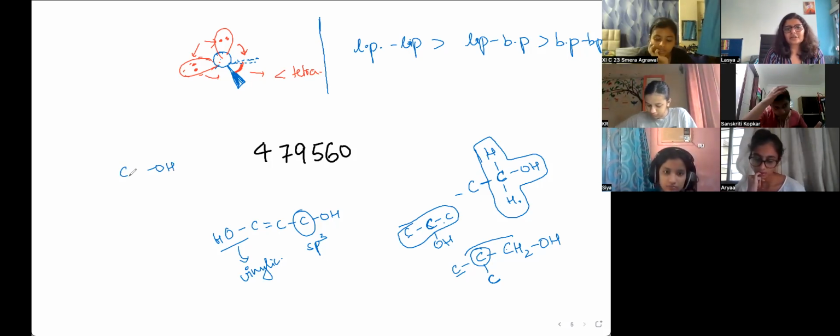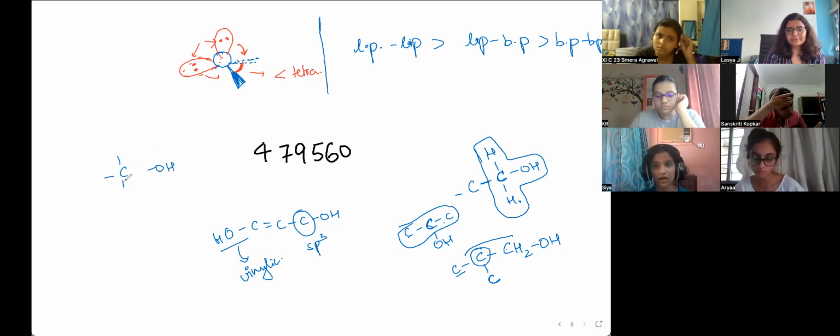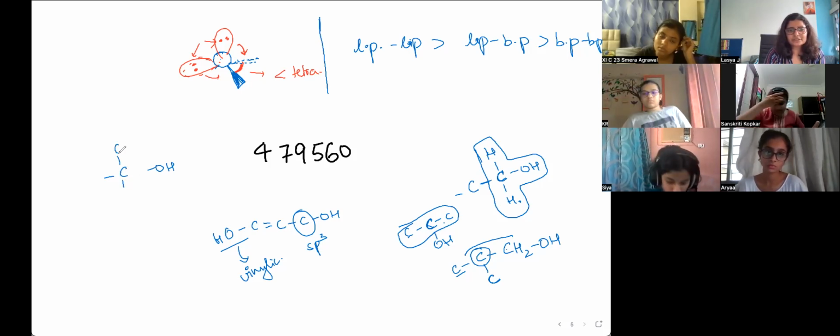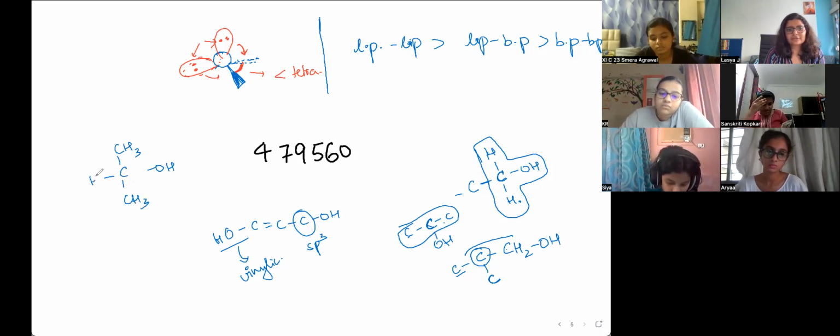So this is called a carbinol. Okay, so dimethyl carbinol is C OH has a dimethyl attached to it. So this fourth one will be a hydrogen.